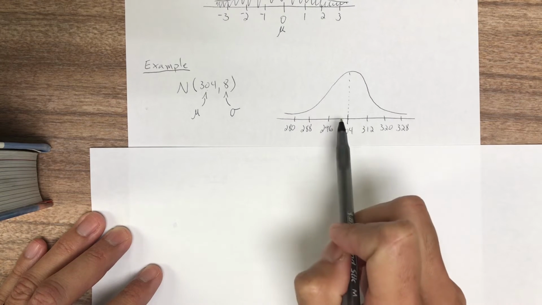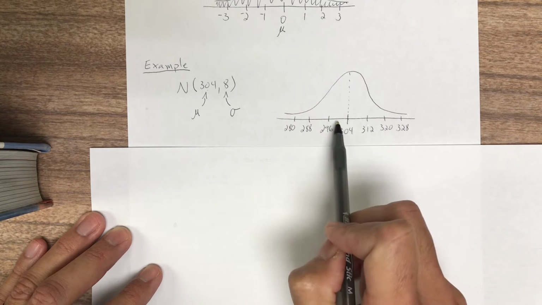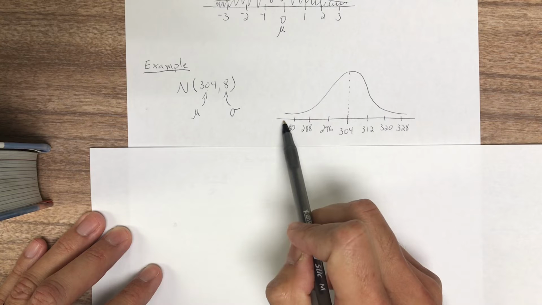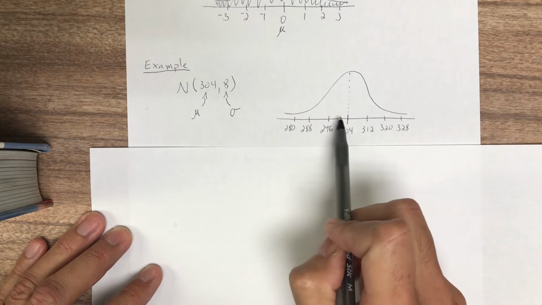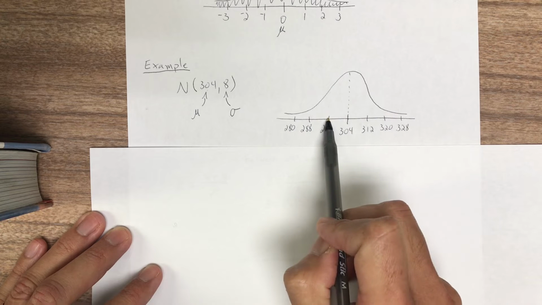So that's 328. If you go to the left side of the center, that means you're going to have to subtract, because these are negative standard deviations when you go to the left. You subtract 8 from the center 304, that's going to be 296.